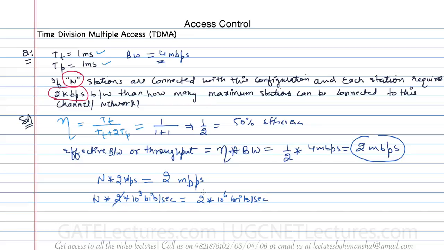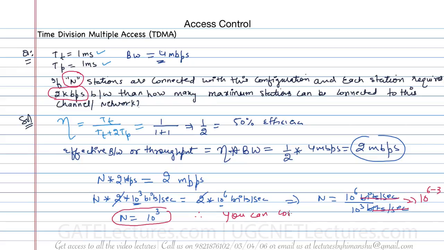Here 2 and 2 are cancelled. 10 raised to power 6 divided by 10 raised to power 3, so n is equal to 10 raised to power 3. Bits per second is cancelled by bits per second, and the power becomes 10 raised to power 6 minus 3, so it is 10 raised to power 3 stations. Therefore you can connect 1000 stations for the above configuration.